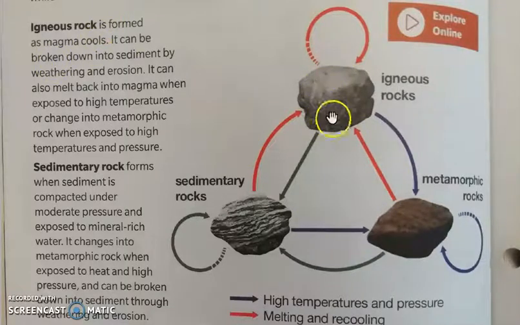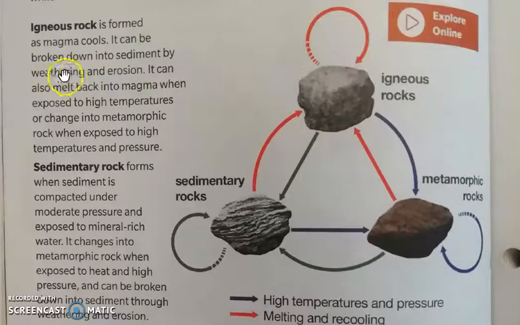The igneous rock, which is this one right here, is formed as magma cools. That means magma is like lava that comes out of a volcano. Okay, this is melted rock, like liquid rock almost. It can be broken down into sediment, that means little pieces of rock, by weathering and erosion, okay?